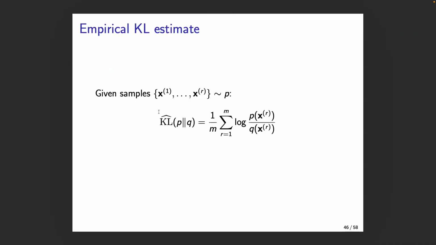In the case where we cannot compute this expectation of the log of the ratio of probabilities, we can substitute it with Monte Carlo sampling, meaning that we just compute an average of this log of the ratio of probabilities.